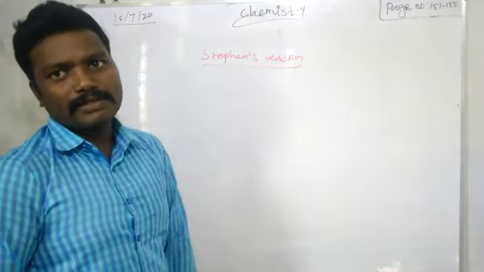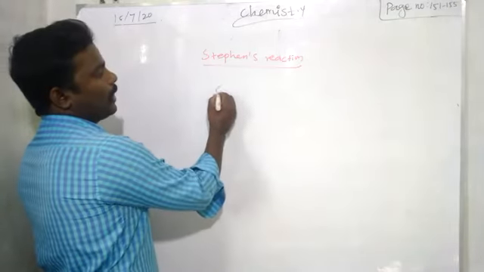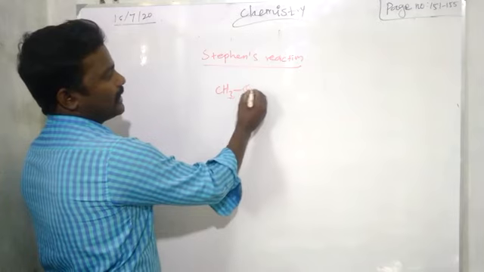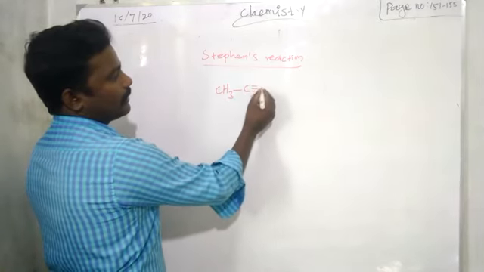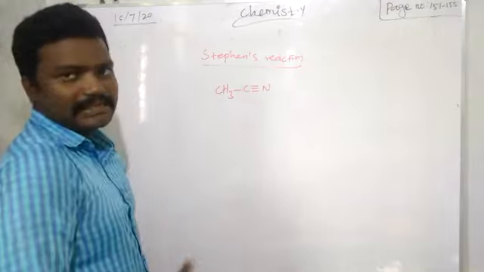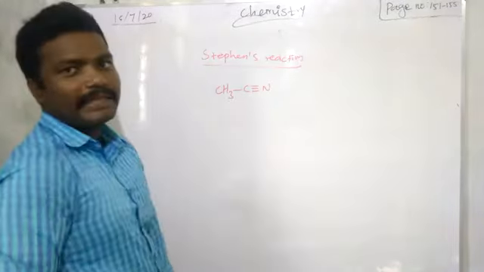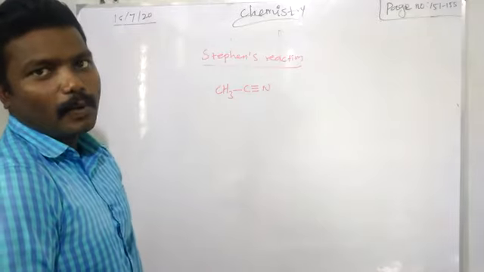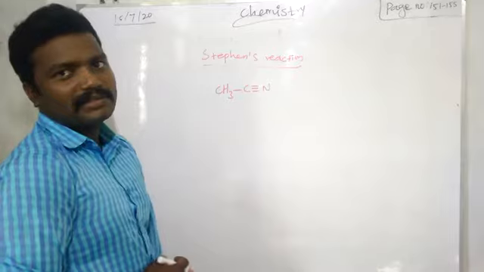Further on hydrolysis it gives the aldehyde. For example, CH3CN, C triple bond N. This is called ethane nitrile. Why is it called ethane nitrile? Two carbons; cyanide means nitrile.